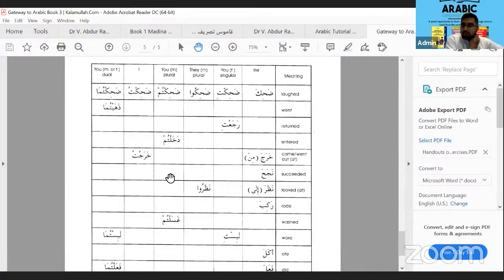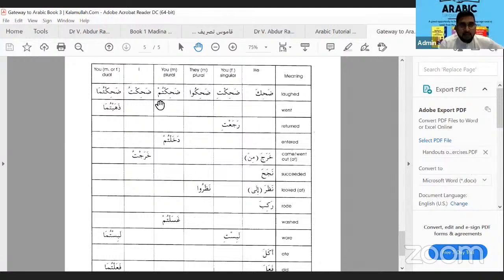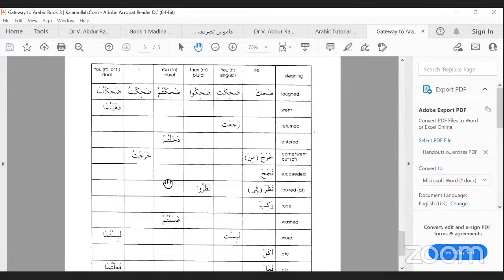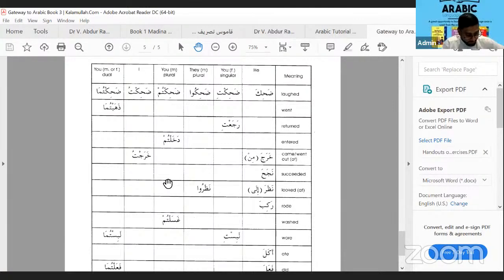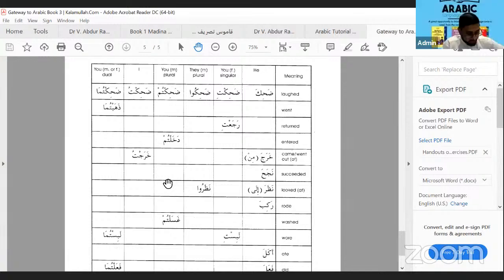Raja, can you come on the mic? Next one, najaha. So dhahika became dhahiktum, you all boys laughed. Najaha means he succeeded. How would you say you all boys succeeded? Najahtum. Excellent.